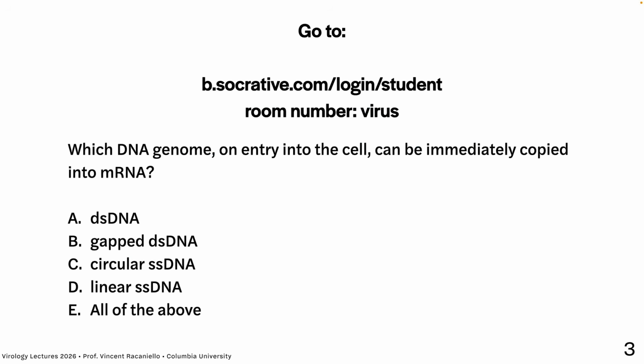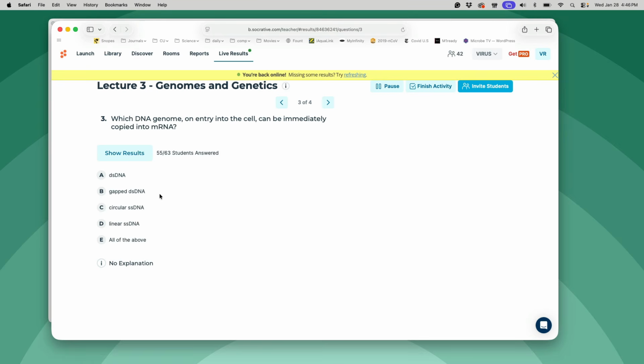Our next question is, which DNA genome on entry in the cell can be immediately copied into mRNA? Double-stranded DNA, gapped double-stranded DNA, circular single-stranded DNA, linear single-stranded DNA, all of the above. Let's see how you did.